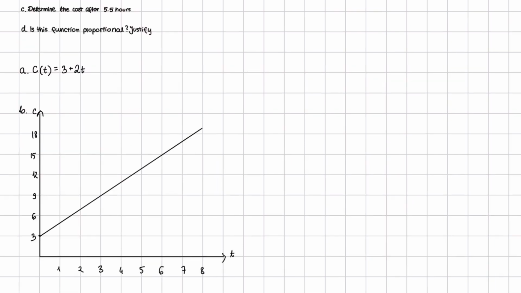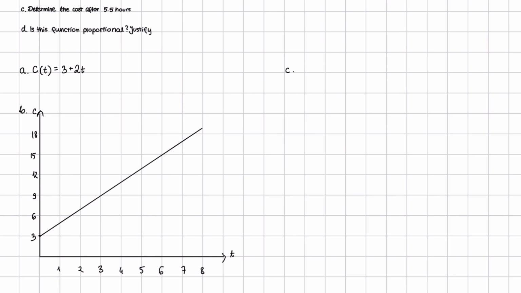So this is our graph. You can also do it manually, just substituting the numbers, for example 1, 2, 3, 4, 5, as many as you want, and then plot these points and draw a straight line. And in C, determine the cost after 5.5 hours.